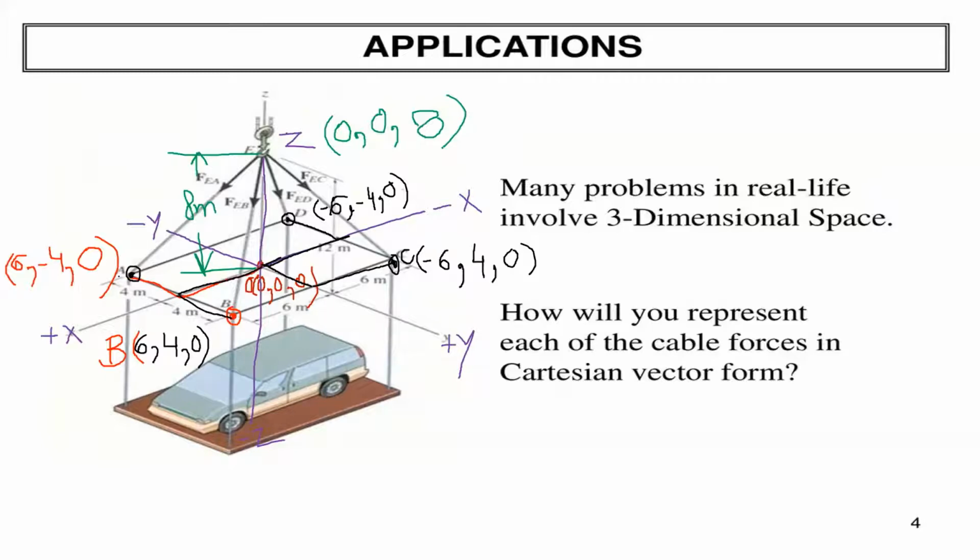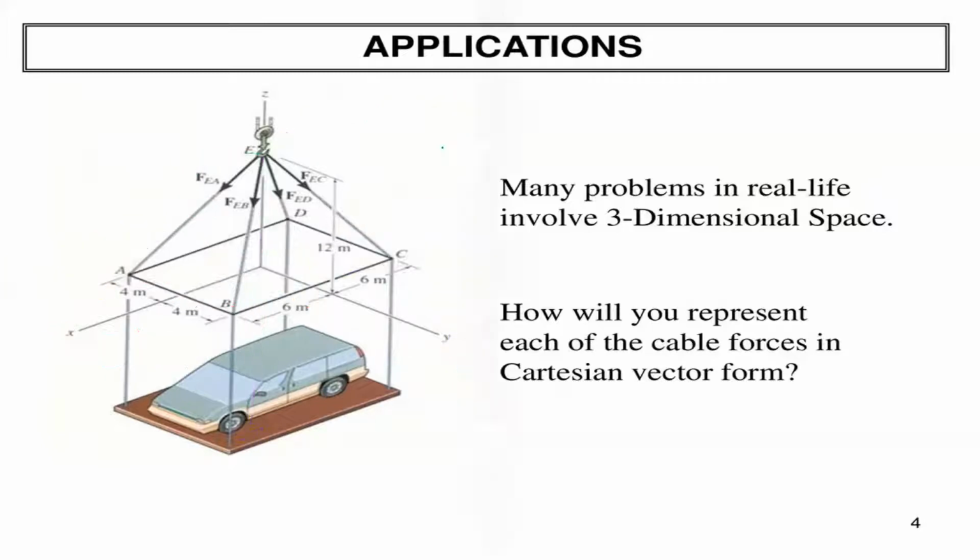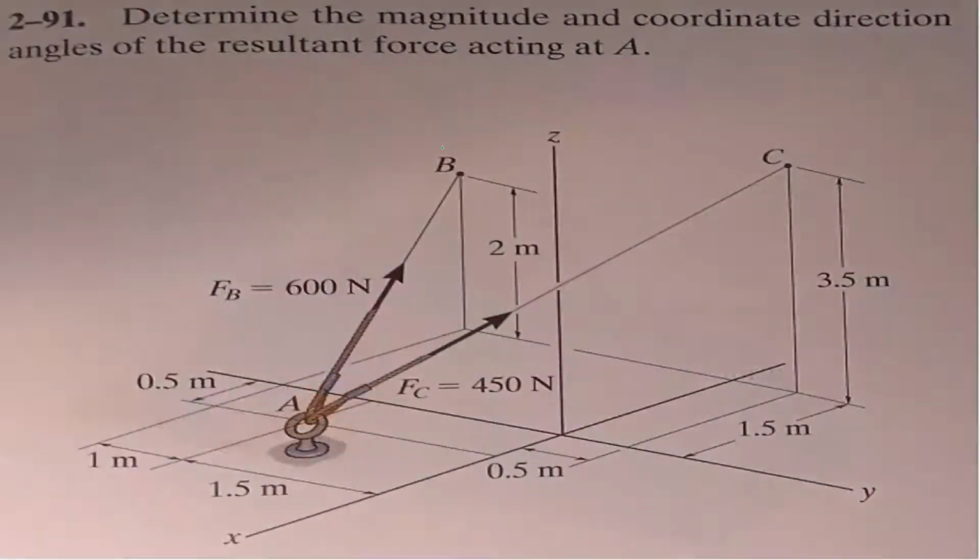Let's go to another slide and see what is happening over there. This is again the question, but right now we are not concerned with how to solve it according to the equilibrium of a particle principles.